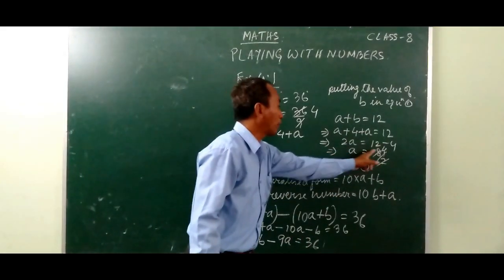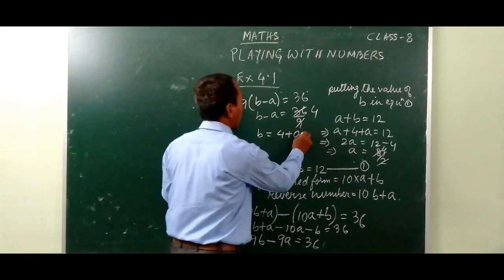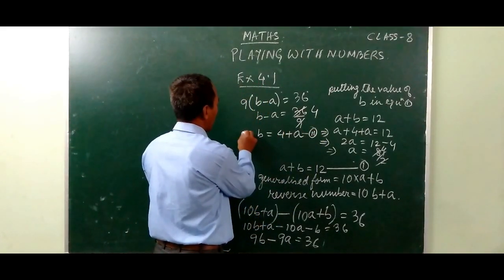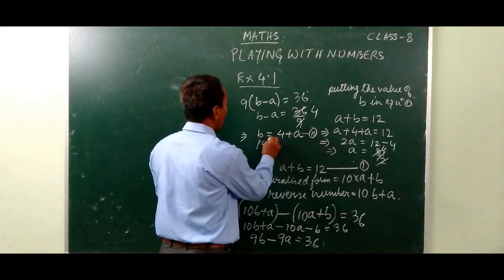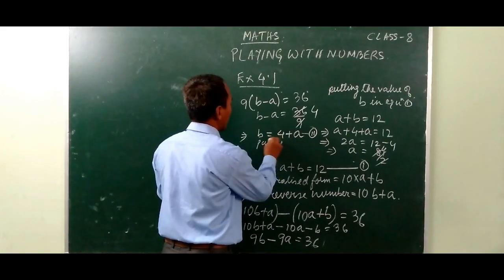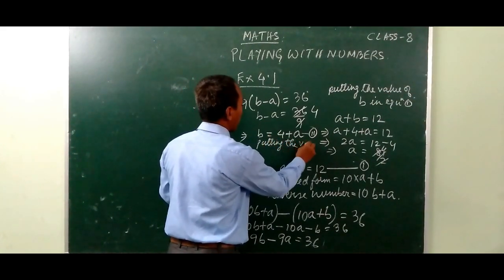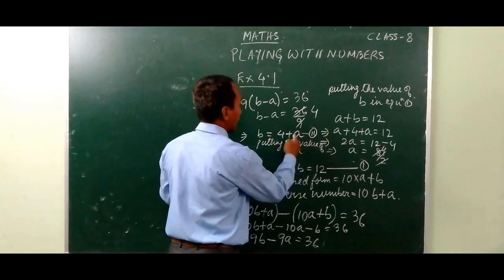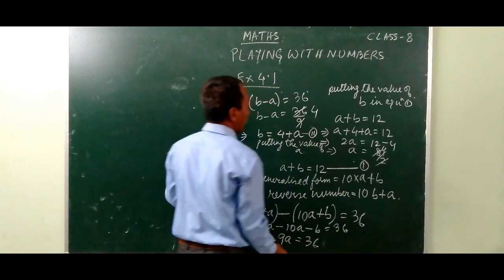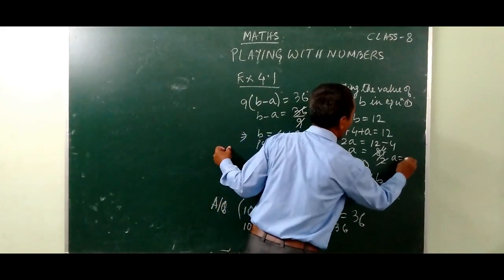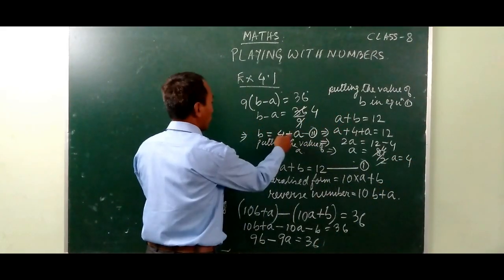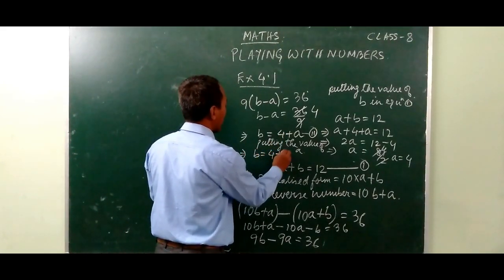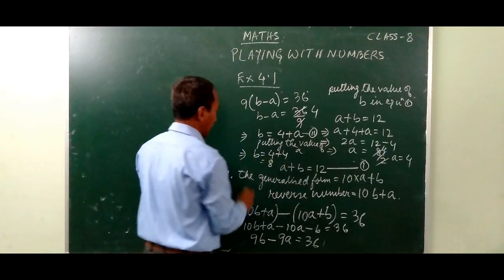Now put this value of a in equation 2. Keep this one as equation 2. Putting the value of a, a equals 4, here, b equals 4 plus 4, which equals 8.